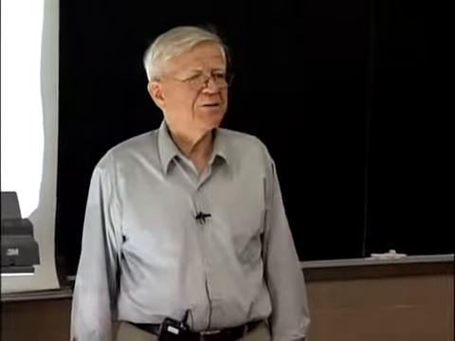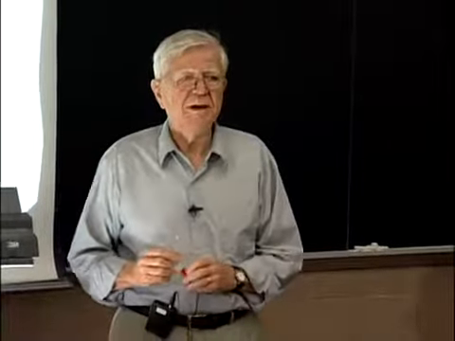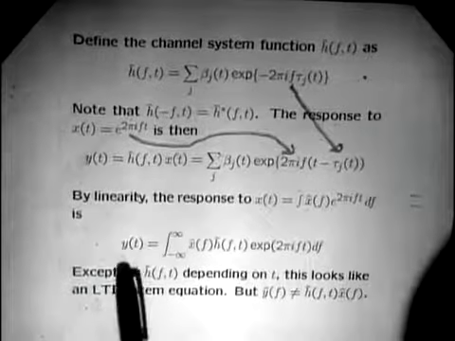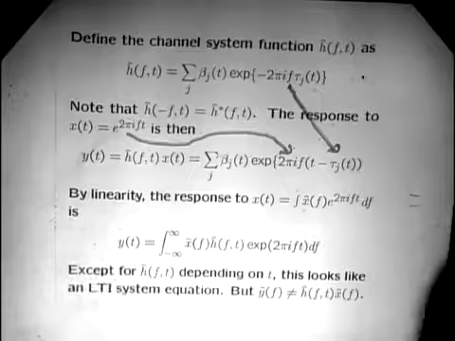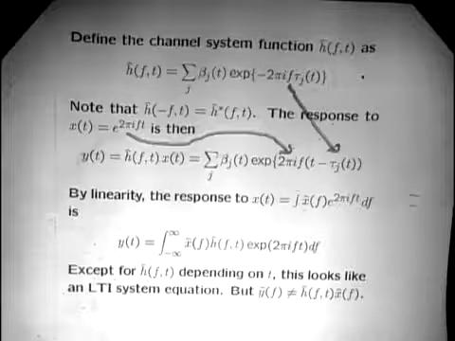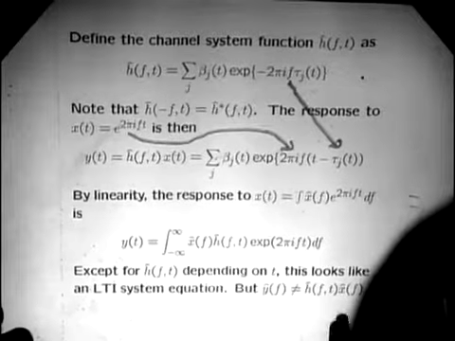When you look at this, this says, oh, this is the same as any old linear time invariant system. This is not a linear time invariant system. If you try to take the Fourier transform of this to get y hat of f, you're not going to get x hat of f times h hat of f. Namely, this is not equal to that.